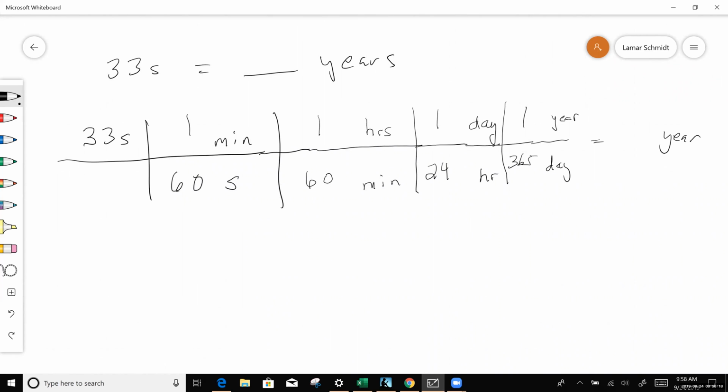Now all we have to do is do the calculation, and we are going to be in years. What you can do is multiply everything on the bottom and then divide that value into 33, or you can take 33 divided by 60 equals, divided by 60 equals, divided by 24 equals, divided by 365 equals, however you want to do that. Everyone do this together. Let's see if we get the right answer.